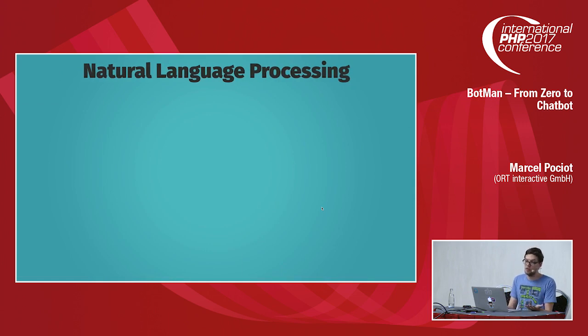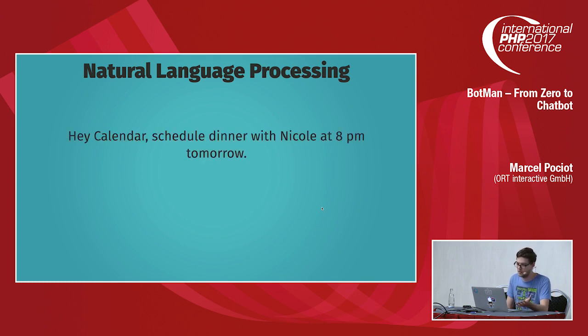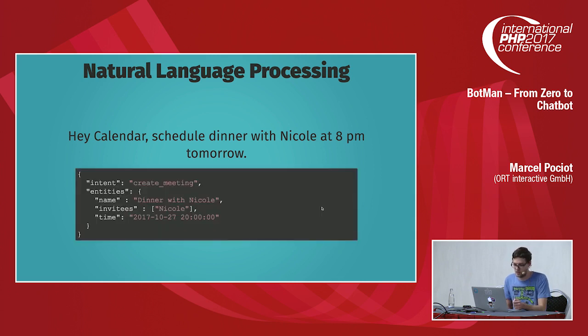Okay, we could take the whole pizza ordering thing even one step further by using natural language processing. So natural language processing basically means that we have a sentence like, hey, calendar, schedule dinner with Nicole at 8 p.m. tomorrow. We use this sentence, give it to a service, and this service will then pull out information from this sentence that we can use in our program.